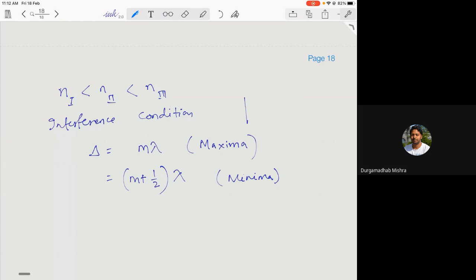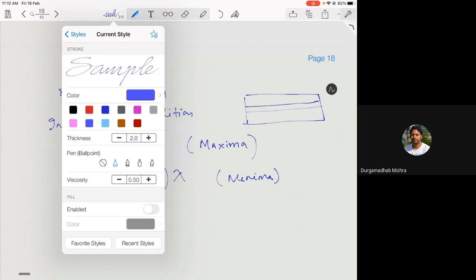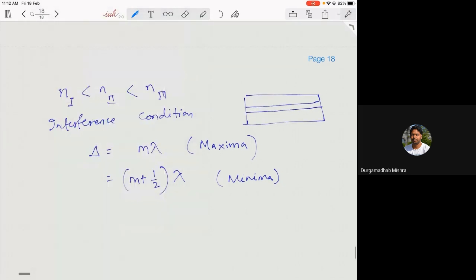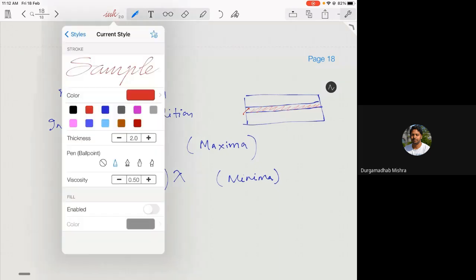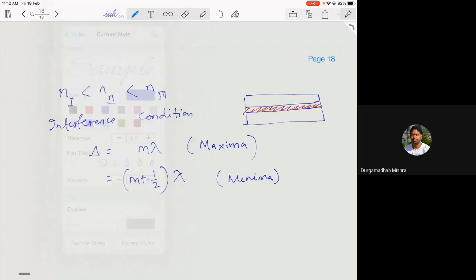Let me draw that. The light is incident in this direction. This is N1, this is N2, and this is N3.